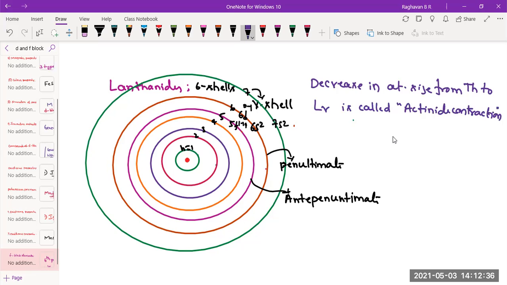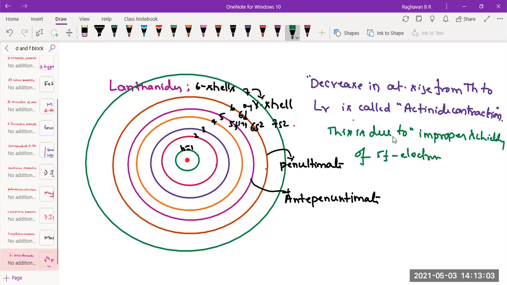And this is due to improper shielding of which electrons? 5f, or ineffective shielding of 5f electrons. So this is very important.